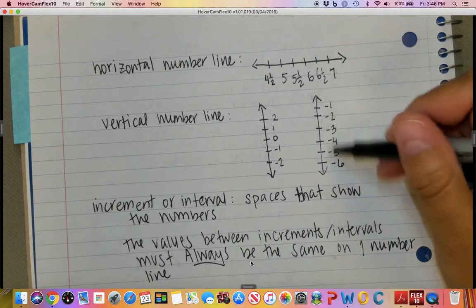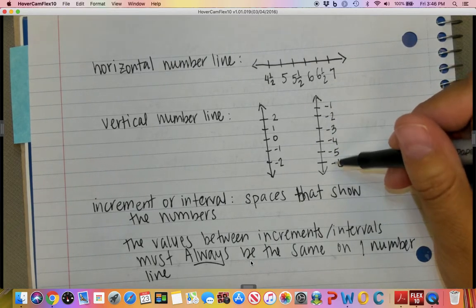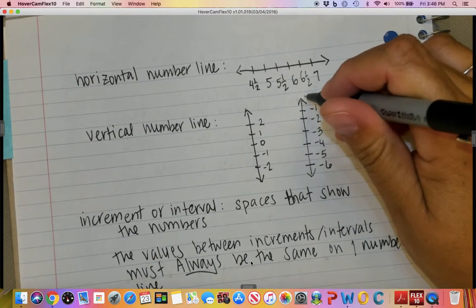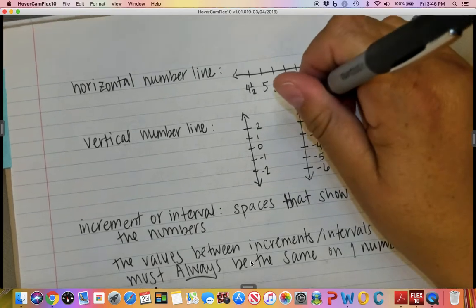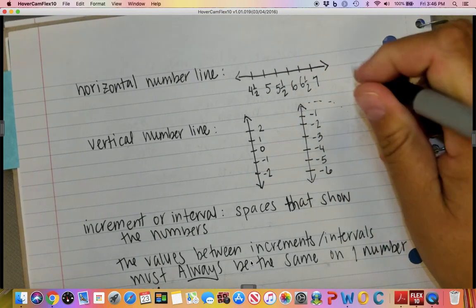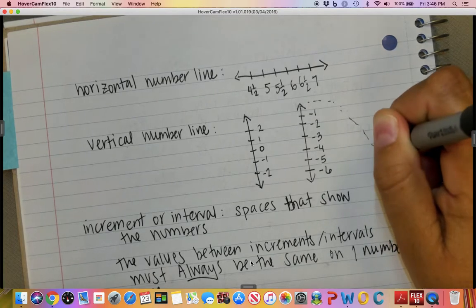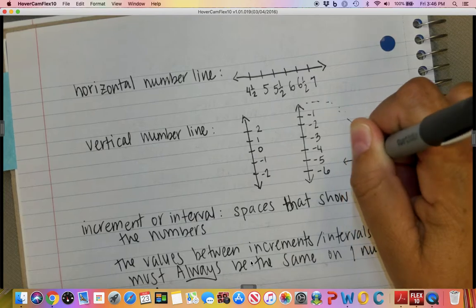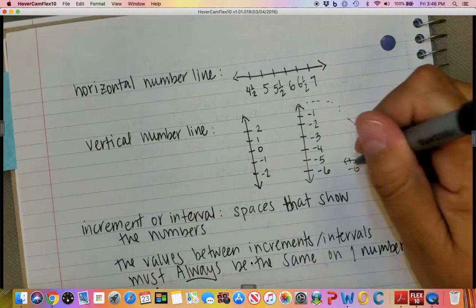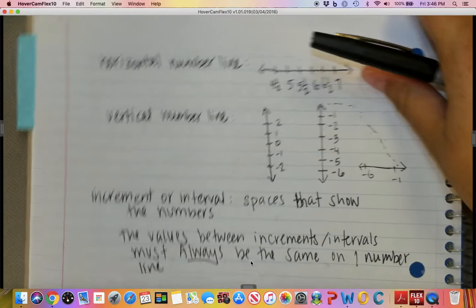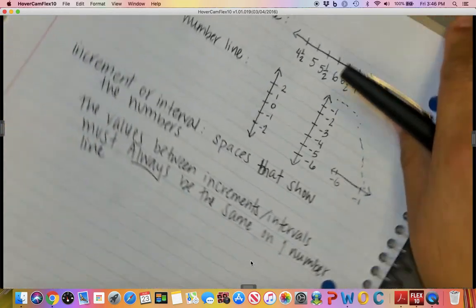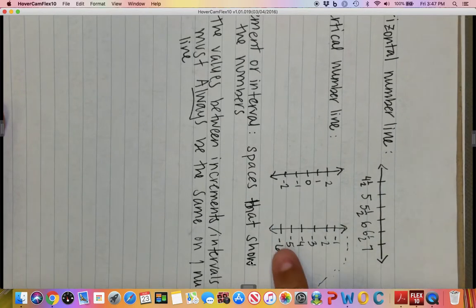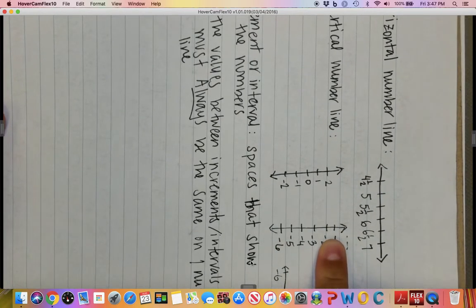If I were to flip this into a horizontal number line, all I would do is take this little arrow and move it. Here, I'll show you. -1 would be here, and -6 would be here. I'm flipping it so it looks like this. Watch. Now it's a horizontal number line that makes sense.